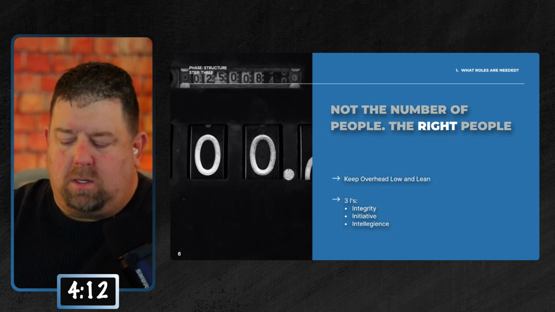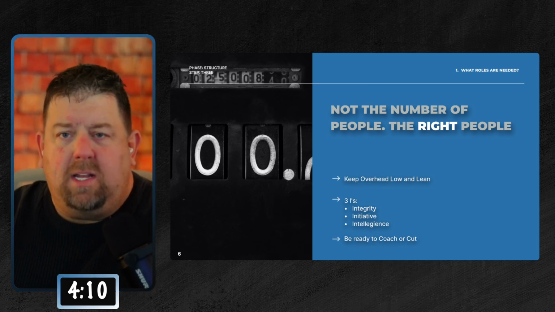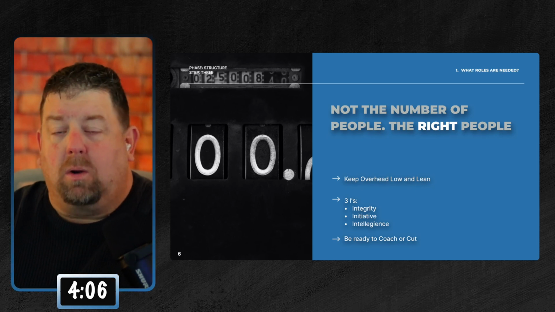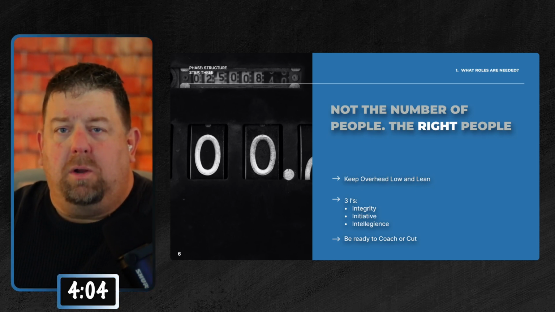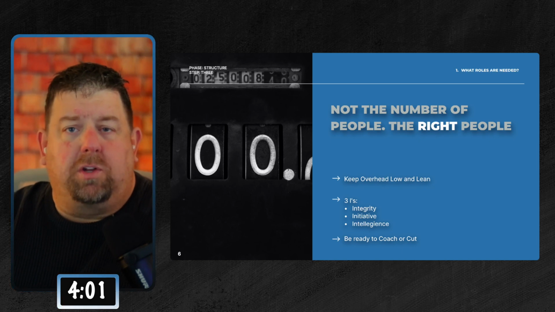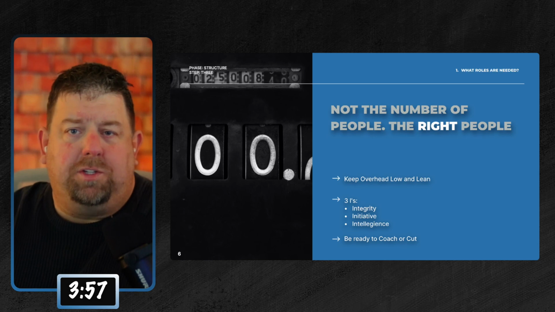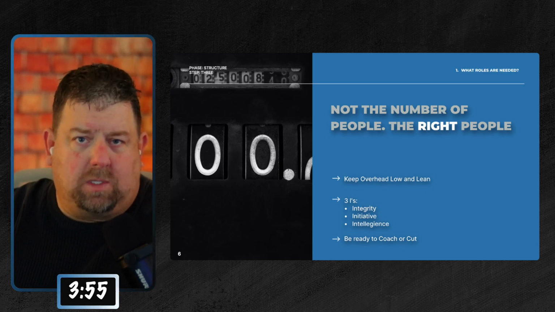They don't need to all come to you. And then just be ready. Just be absolutely ready to coach them up or cut people. So when you're talking about these roles, the roles could be cut. You might have roles in the company that aren't needed once you resolve a couple of other roles.